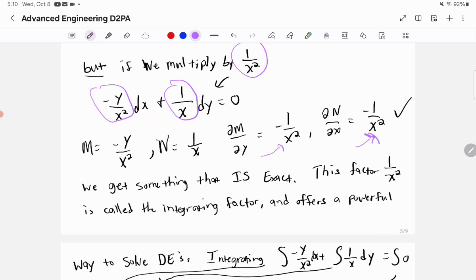So I multiplied by this function, and all of a sudden it became exact. This is the idea for integrating factors. We can take inexact equations and make them exact.